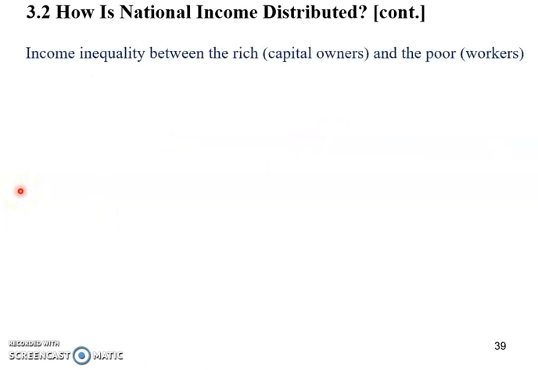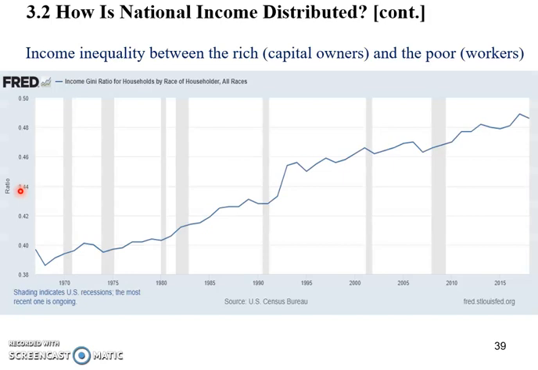And as you could or probably already realized here, we could talk about income inequality between the rich and the poor. Of course, in this case, the rich tend to be capital owners and the poor tend to be workers. So here is the Gini coefficient for the United States.